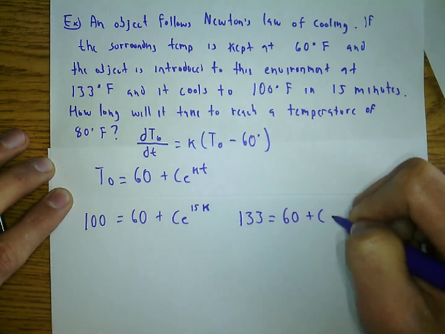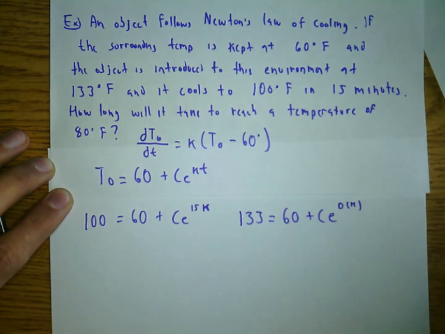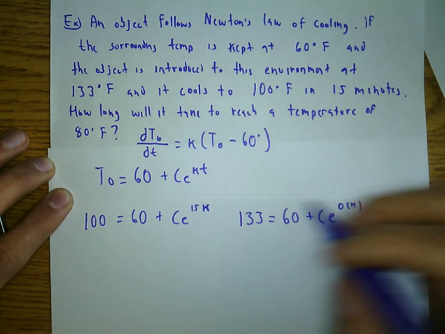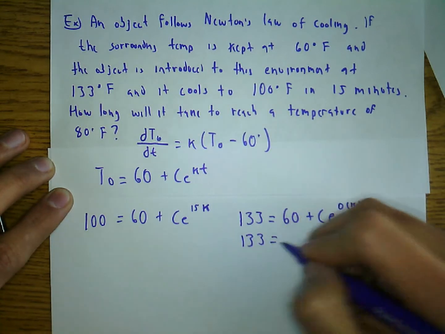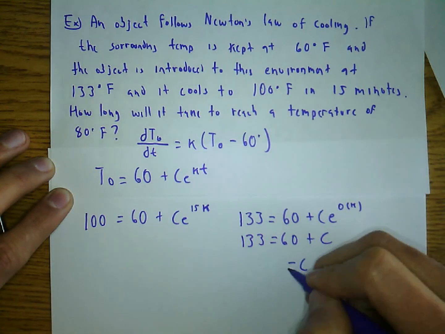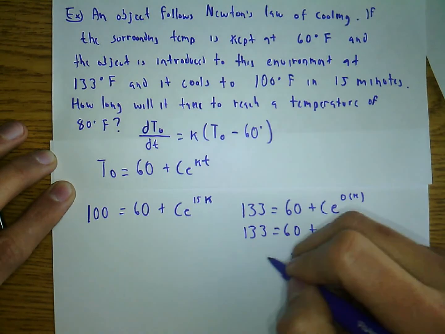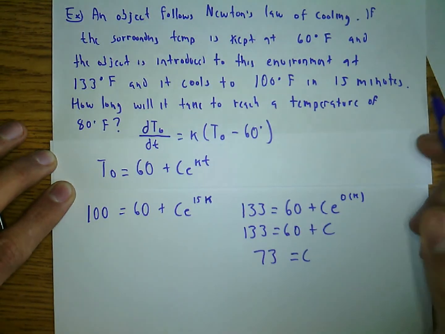So then that gives me 133 is equal to 60 plus C, which means C is equal to what? 73. So now I can go back into the expression that we have earlier. Instead of saying C e to the 15k, we can say 73 e to the 15k, right?